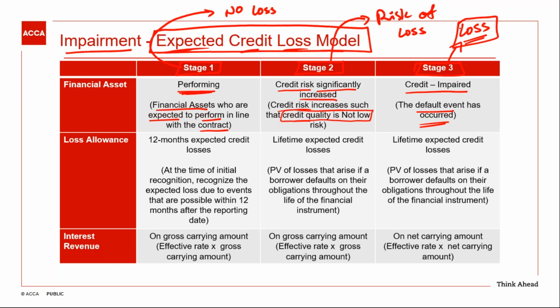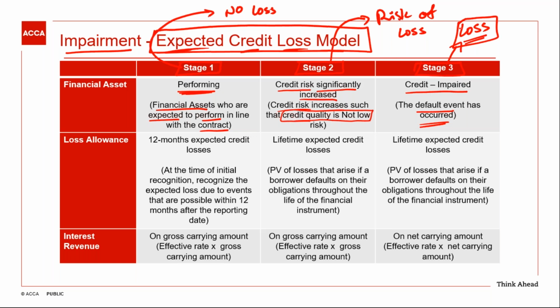So that will go to stage 2. And when Mr. A says, look, I don't have any amount, don't expect anything from me, this will become stage 3. So until the loss event occurs, it is stage 2. And if there is no risk, it is stage 1.